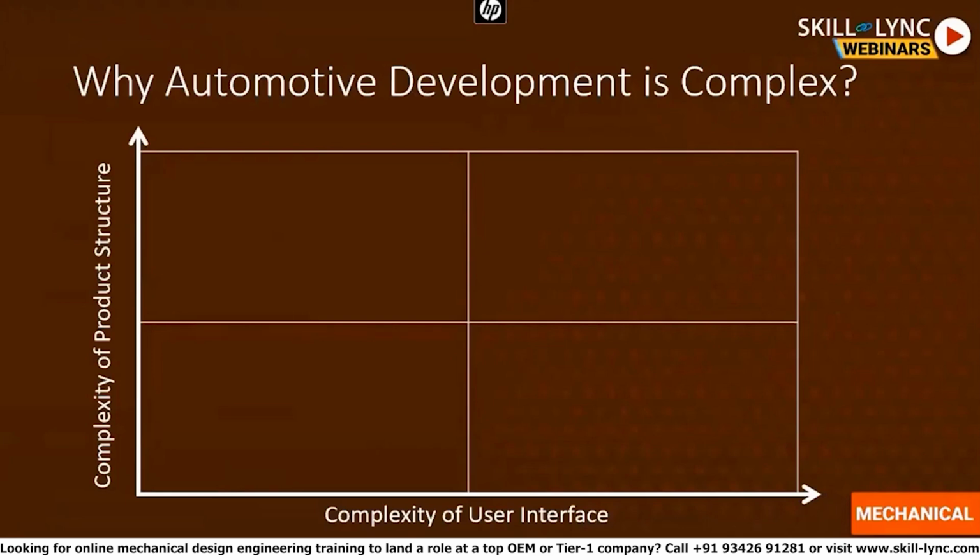To explain that, we have a two-axis graph here. So the x-axis shows the complexity of the user interface. User interface is basically when you sell the product, how the customer is going to use that product and how that is going to affect the image of your product.